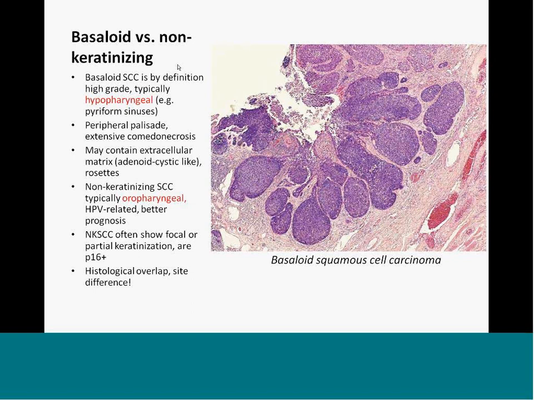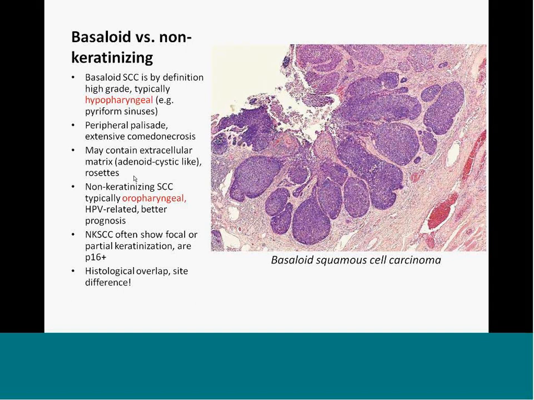Non-keratinizing squamous cell carcinomas are typically HPV-related oropharyngeal carcinomas, which tend to have a fairly good prognosis, occur in younger patients, non-smokers, non-drinkers, men more commonly than women. These tumors certainly have considerable overlap with basaloid squamous cell carcinoma.